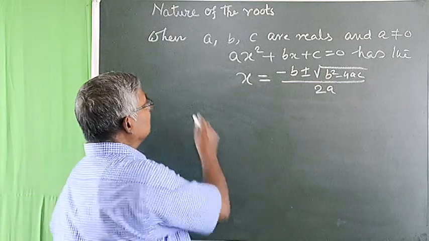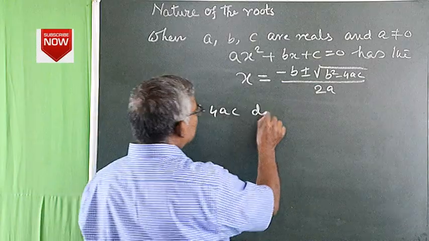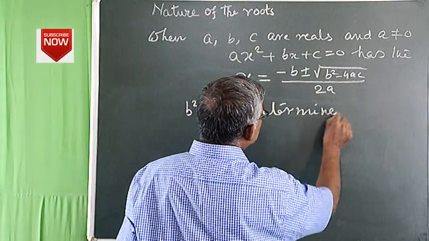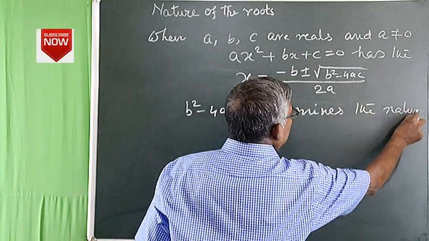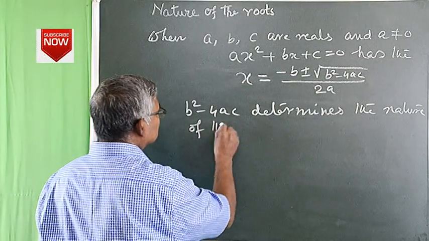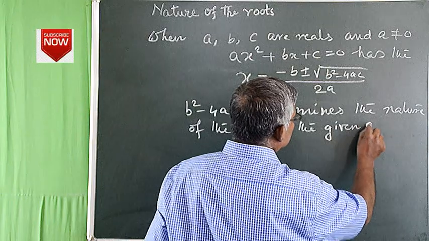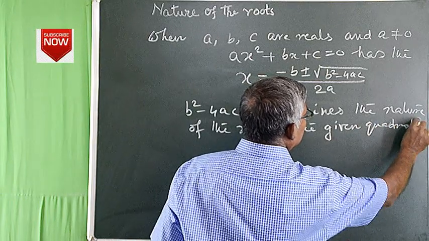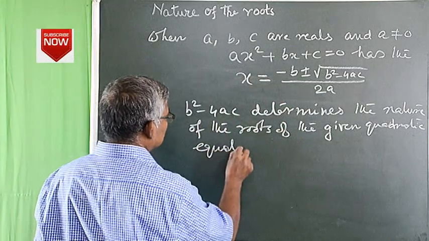So we see b square minus 4ac determines the nature of the roots of the given quadratic equation.